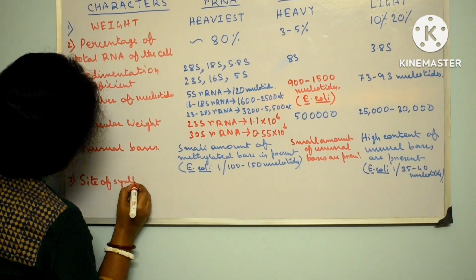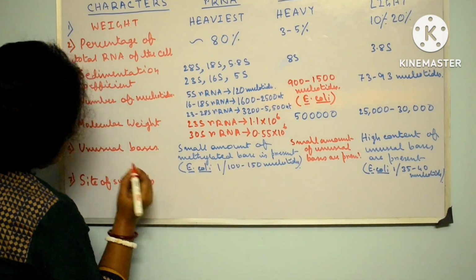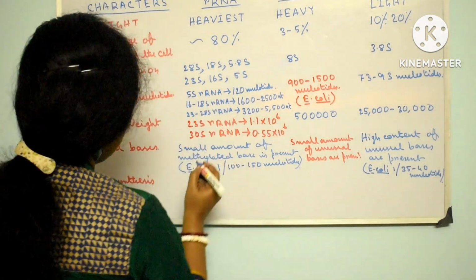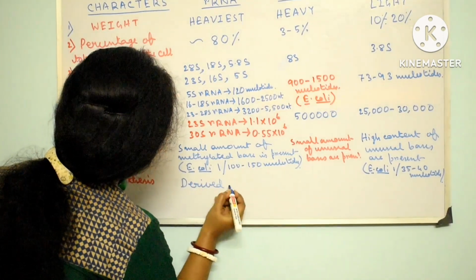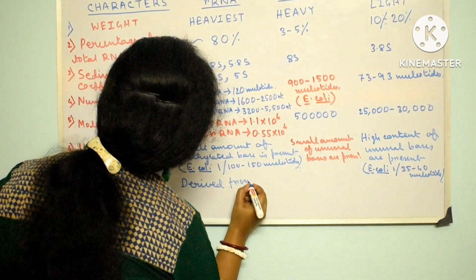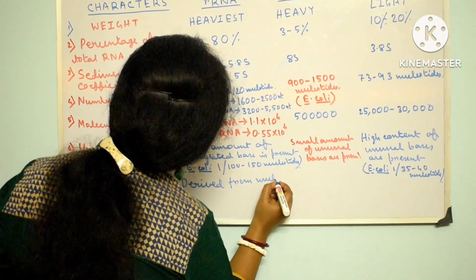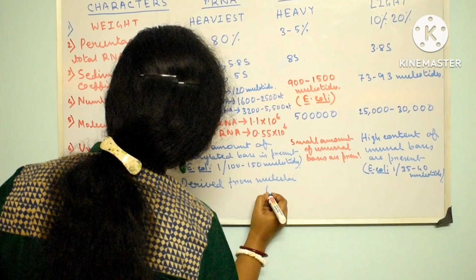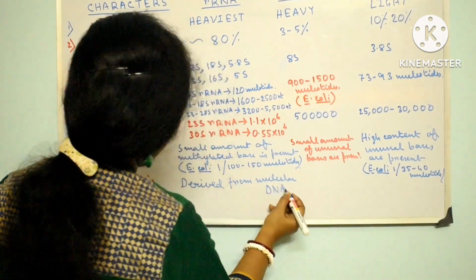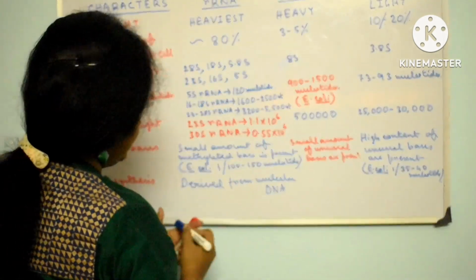Site of synthesis. rRNA is derived from nuclear DNA.